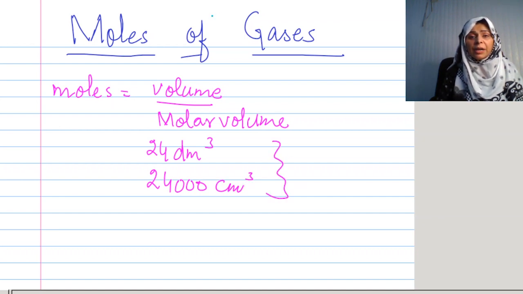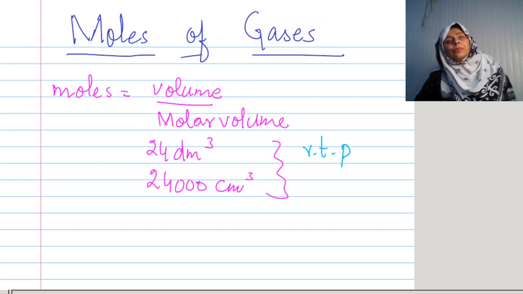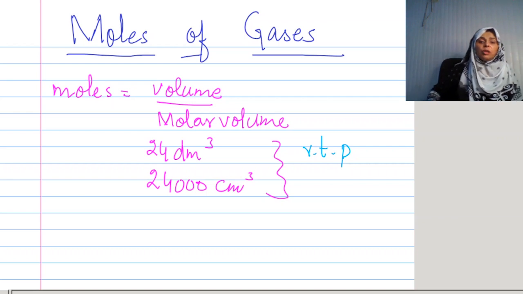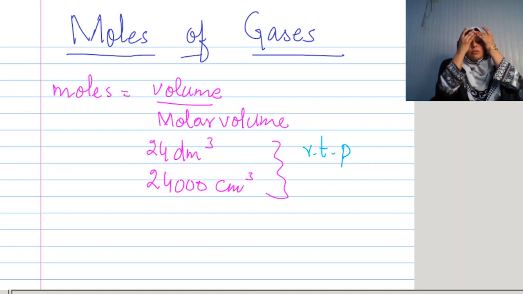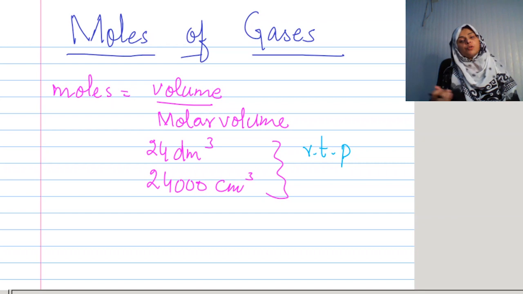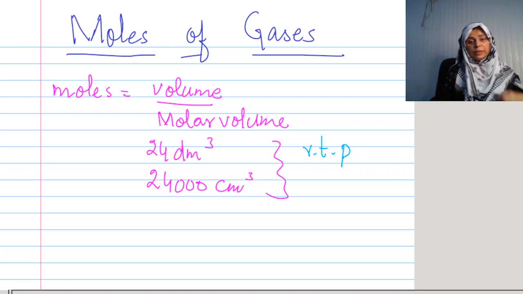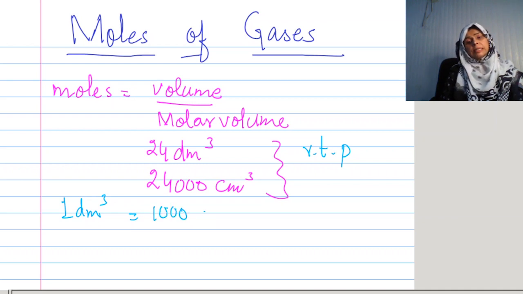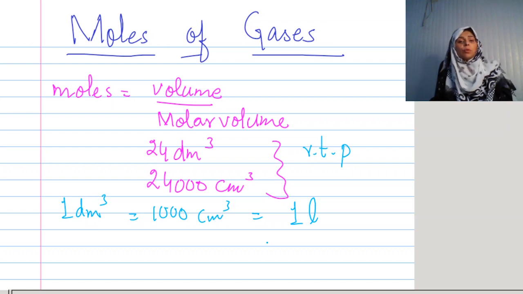These two values are at room temperature and pressure. At standard temperature and pressure, the volume of gases is a little bit different, in liters, but here in your CAI syllabus we are going to consider the molar volume at room temperature and pressure. Remember that 1 decimeter cube is equal to 1000 centimeter cube, and that is equal to 1 liter.